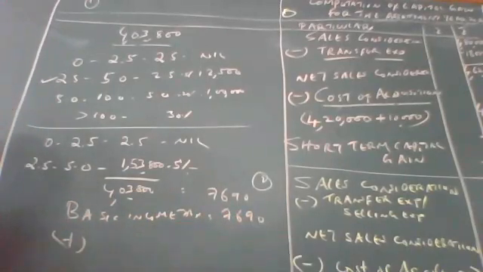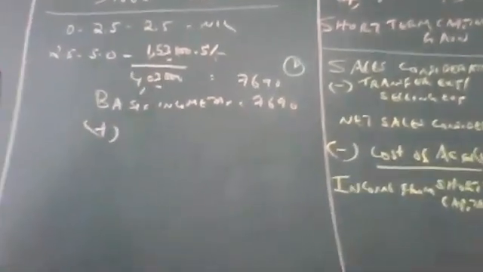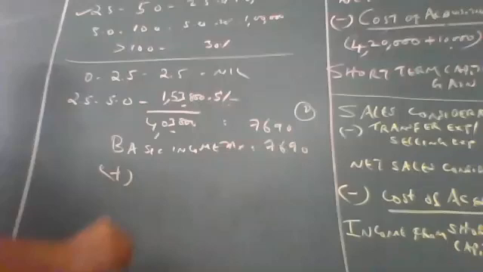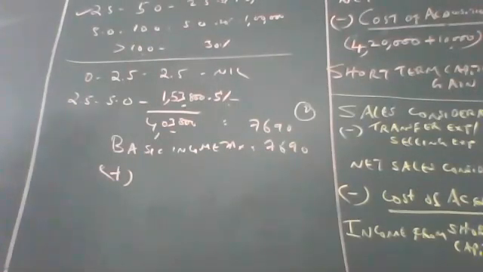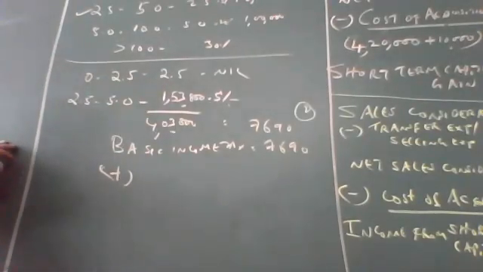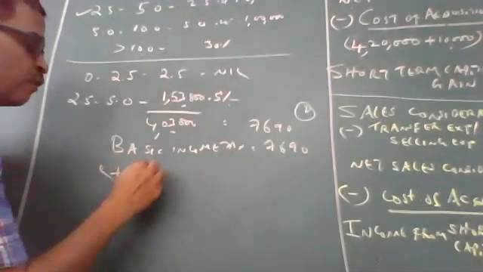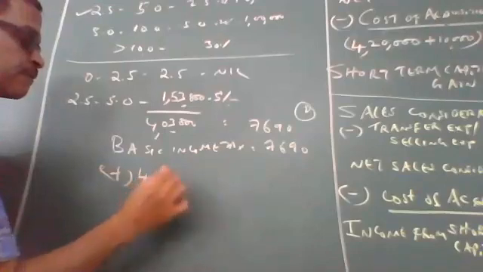What we add to basic income tax? We add 4%. What is 4%?